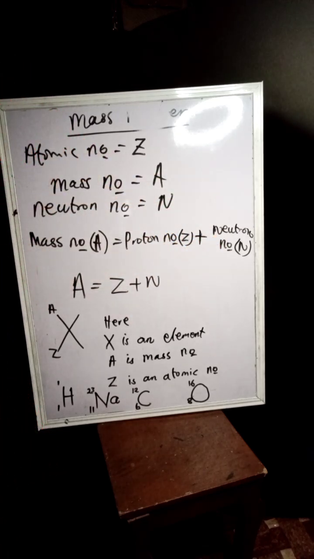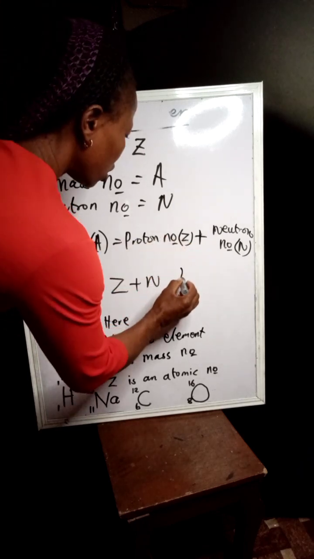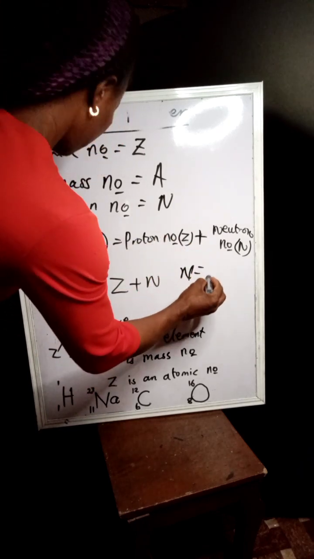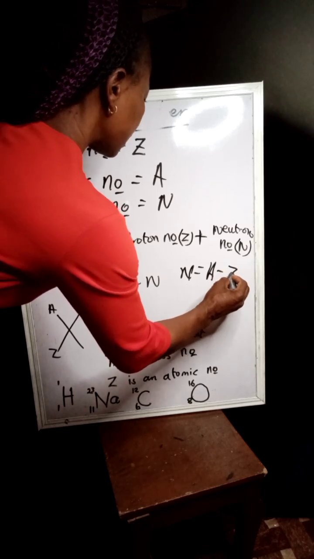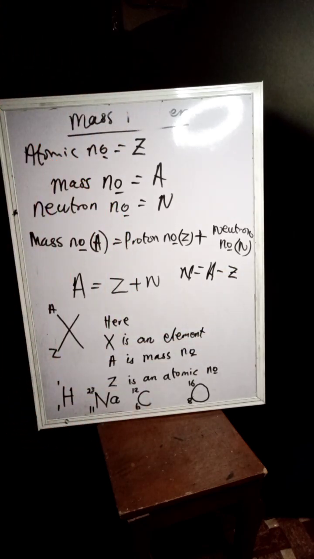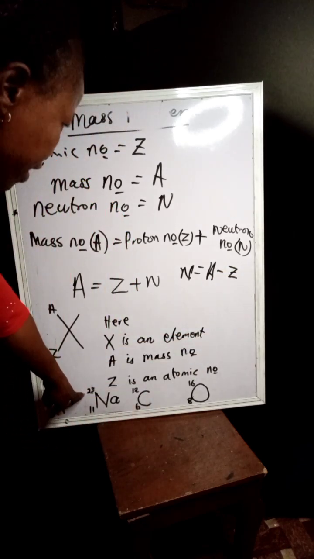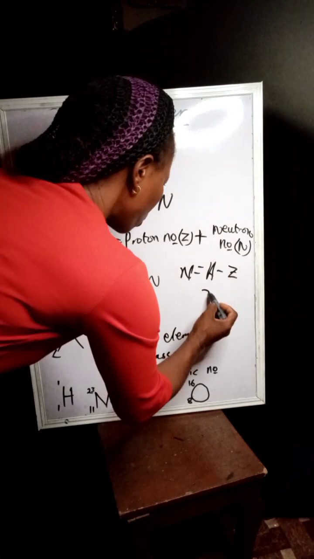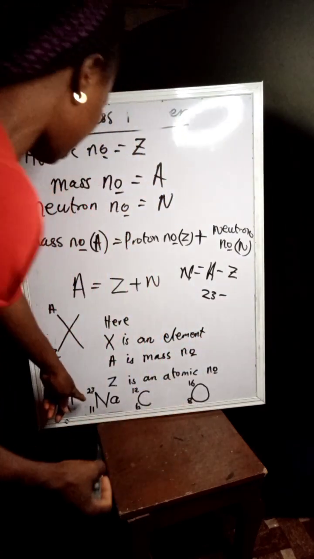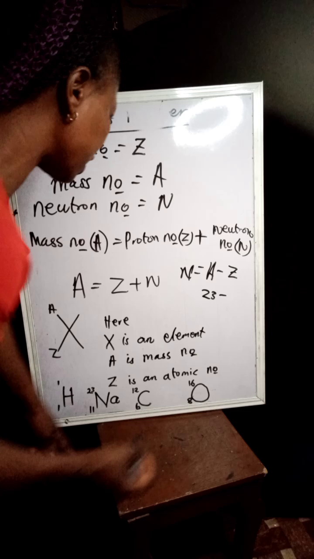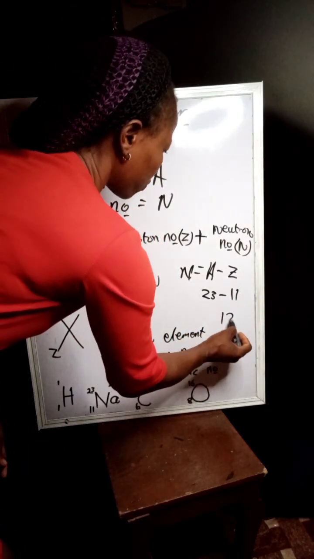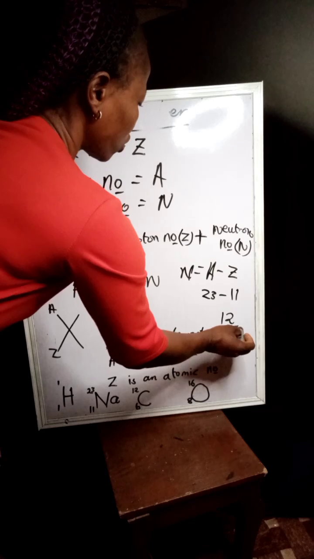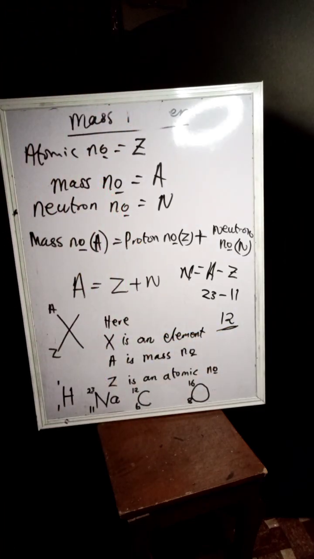So the neutron number will now be equal to the mass number, which is A, minus the proton number, which is Z. And the mass number here is 23. That means 23 minus the proton number, which is 11, and that will give us 12. So the number of neutrons present in the sodium atom is 12.